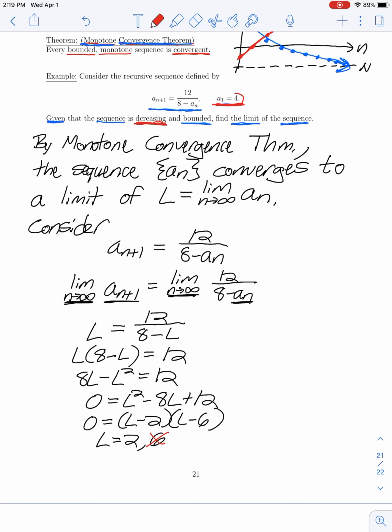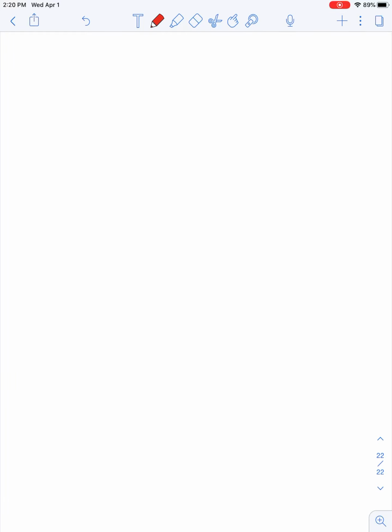So every term after the first term must be less than the previous one. Therefore, our limiting value could not possibly equal 6, since every term which follows our first term of 4 must be less than 4. So our only choice then is for the limit of this sequence to equal 2.